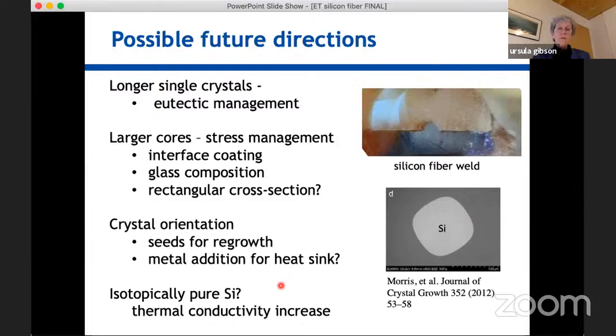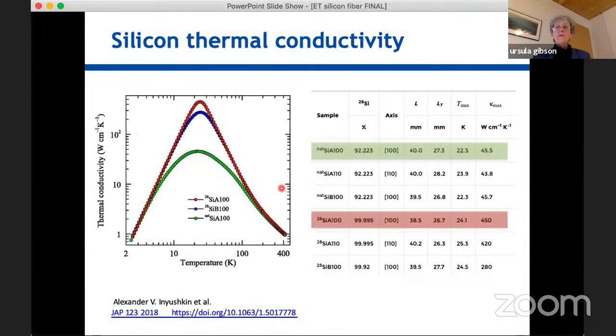One thing that I did want to bring up, just in case it's of interest, is whether the use of isotopically pure silicon would be a good idea. So this is the thermal conductivity of silicon for different quality of material. If you take natural silicon, as clean as you can get it, this is the thermal conductivity curve as a function of temperature.